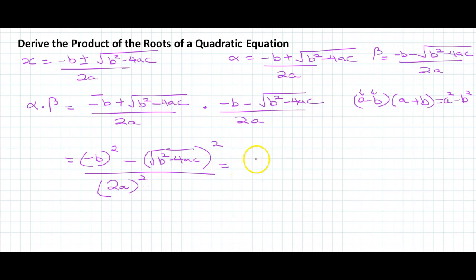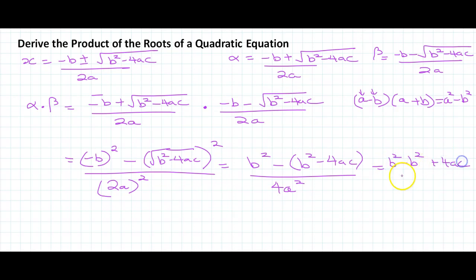So this is going to give us b squared minus b squared minus 4ac, divided by 4a squared. When we take this out, we're going to end up with b squared minus b squared plus 4ac divided by 4a squared. The b squared terms are going to end up becoming 0.